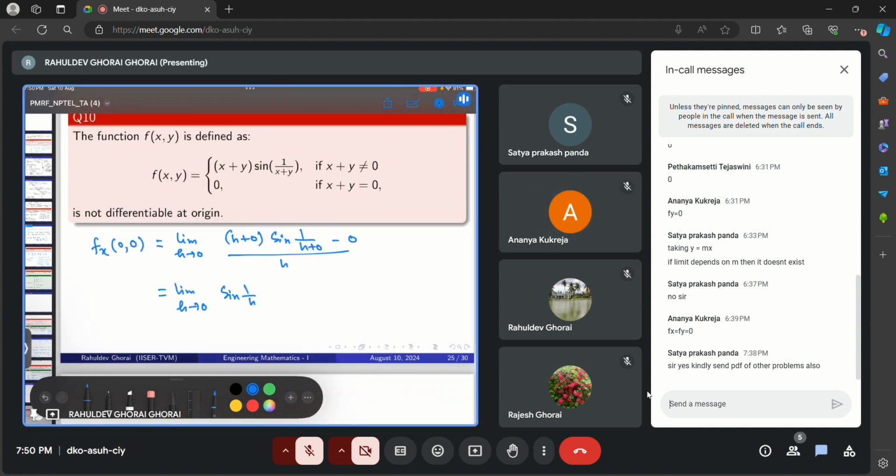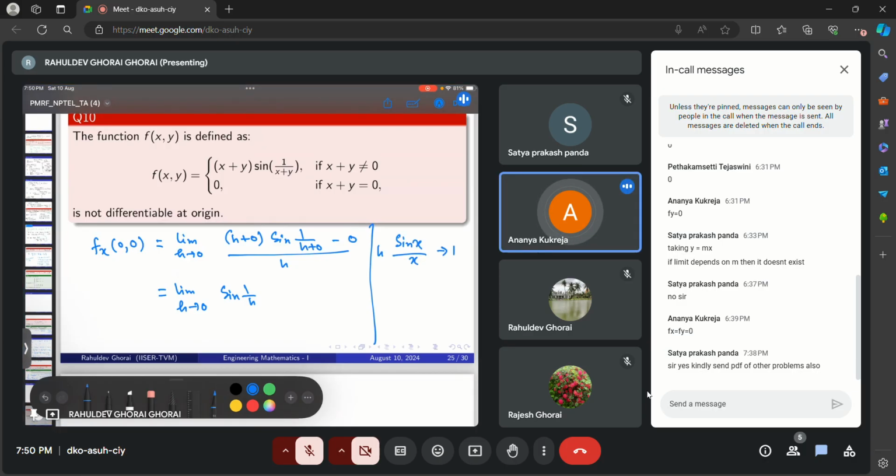Okay, let's do her approach. One more time. You know sine x by x is going to 1, right? Yes, sir, when x tends to 0. Limit x tends to 0, now I will not write going to 1, it is equal to 1.